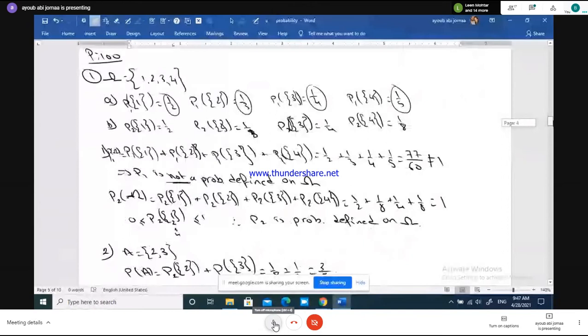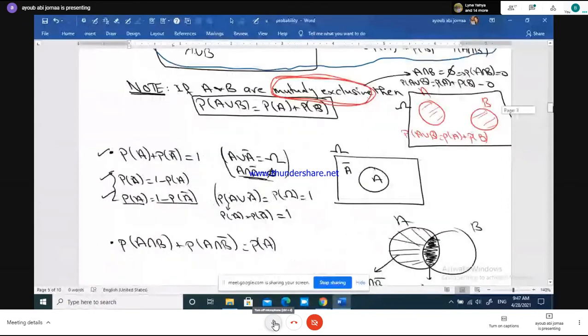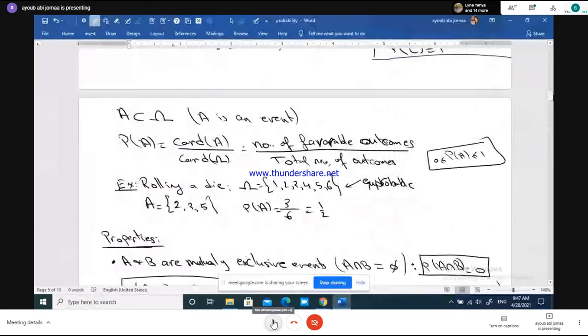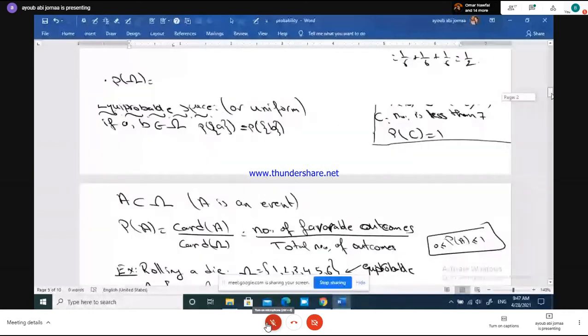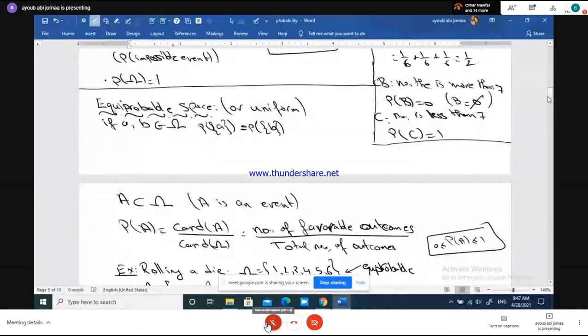But the question is more than clear. If the space is equiprobable, if the space is uniform, then the probability of an event is equal to the cardinal of this set over the cardinal of the sample space.